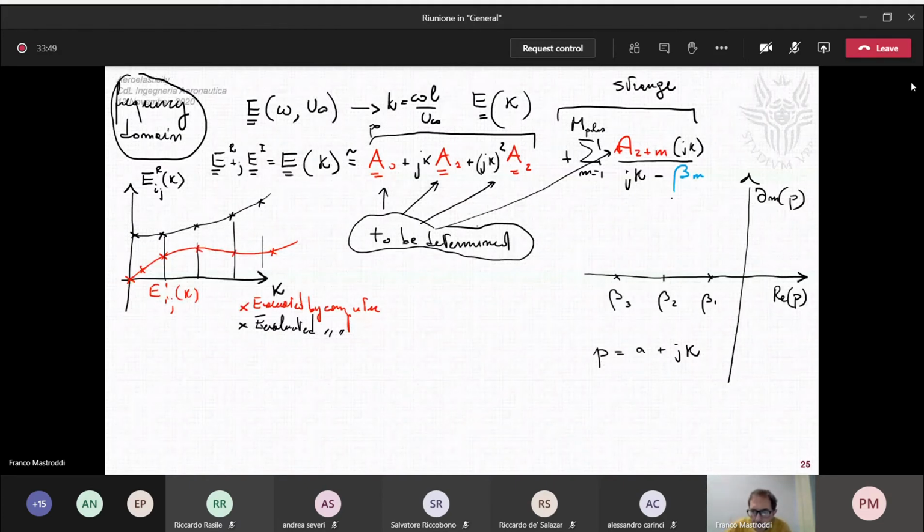These poles are assigned, to be assigned in this way: beta m is equal to minus omega max L. Excuse me, I have to.